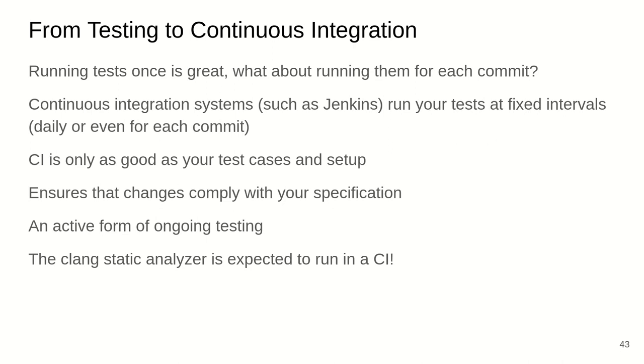You should integrate this into a continuous integration system such as Jenkins or whatnot, which will run your tests at fixed intervals, for example daily or even for each commit as much as you want. Continuous integration is only as good as your test cases and your setup, so set it up together and make sure that it actually is being deployed. It also ensures that changes comply with your specification, checks for regression tests, and whatnot.